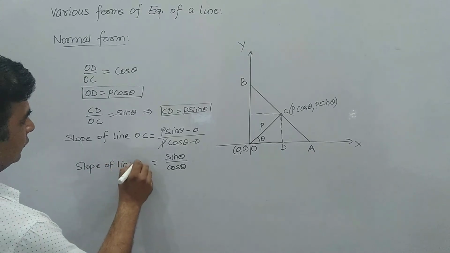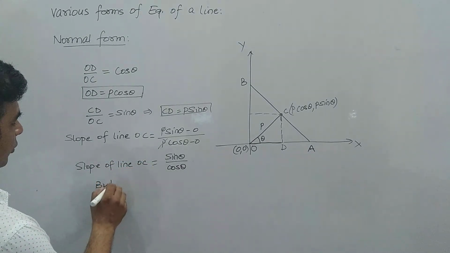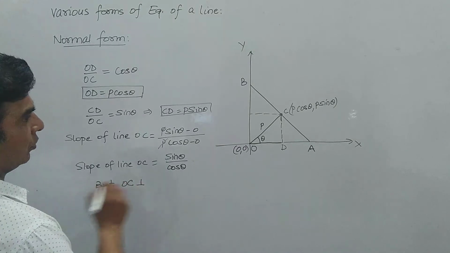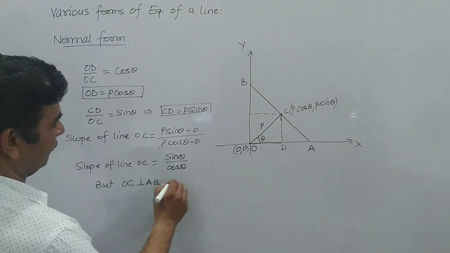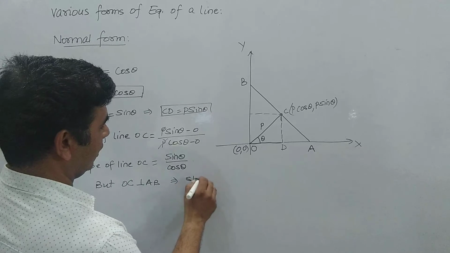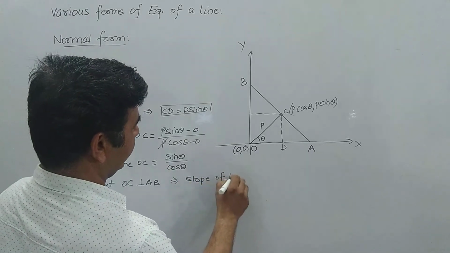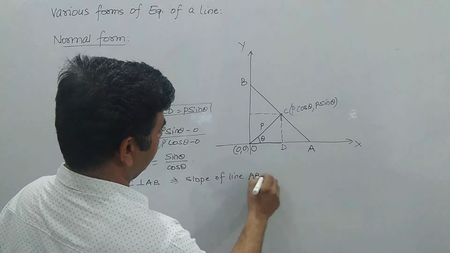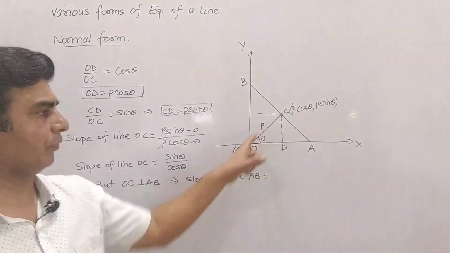But OC is perpendicular to AB, which implies the slope of line AB is given by the negative reciprocal of the slope of OC.